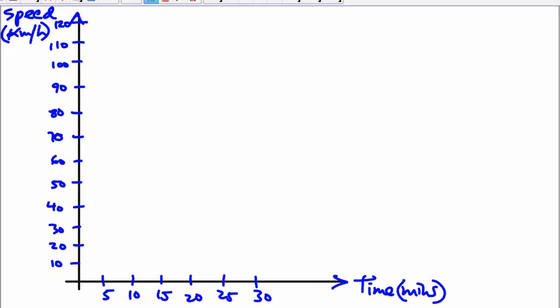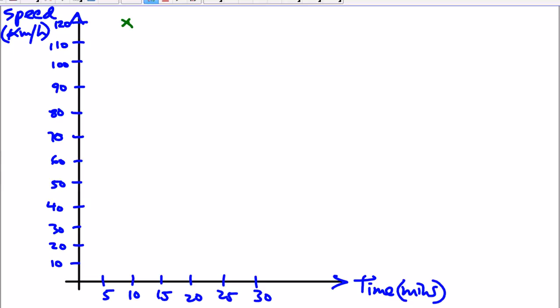So from the information that we have on the previous page, it takes Tom 10 minutes to cover 120 kilometers. So that means that 10 minutes, 120, somewhere there. And then 12 minutes, 100.